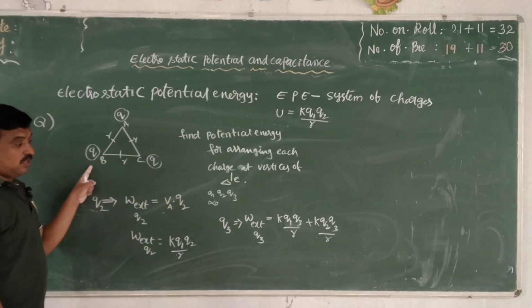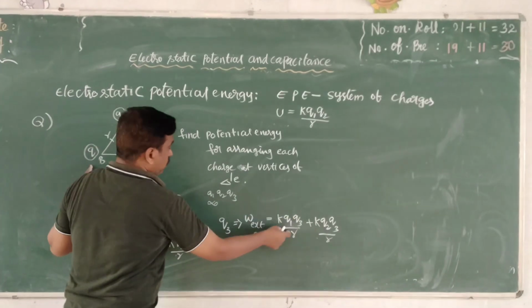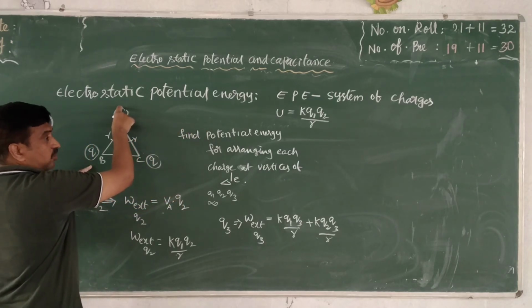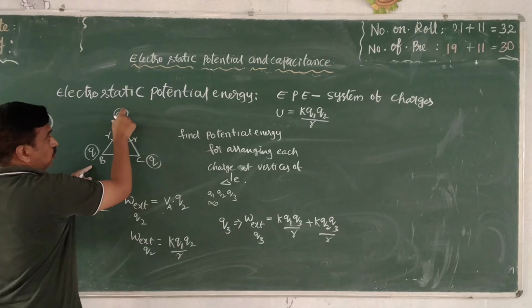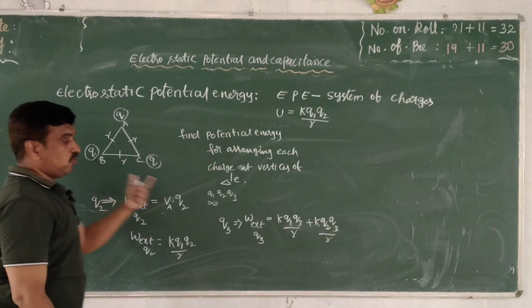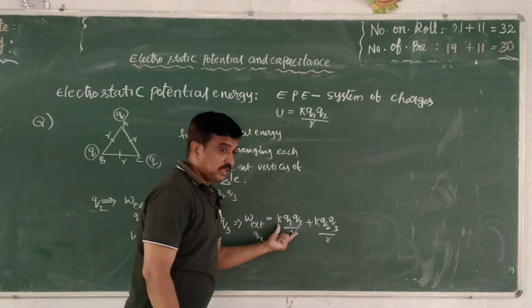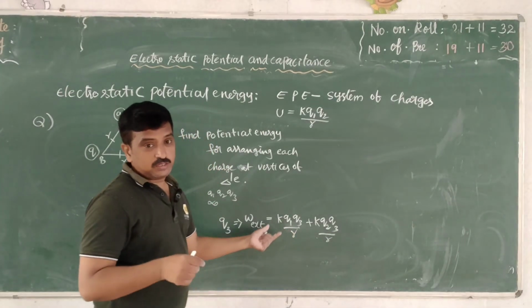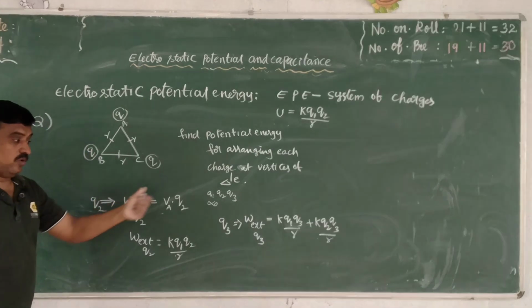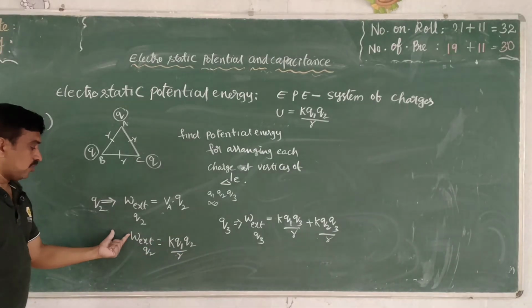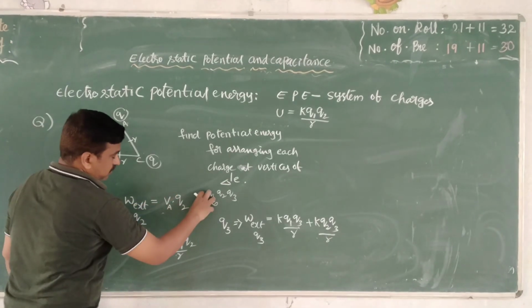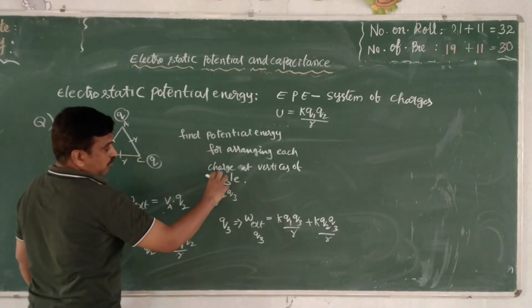That is the potential energy between these, and we add them all: the work done in bringing q1, q2 and q3.